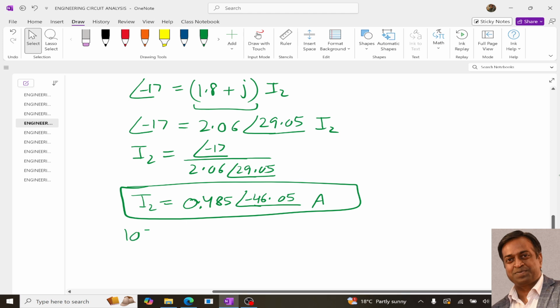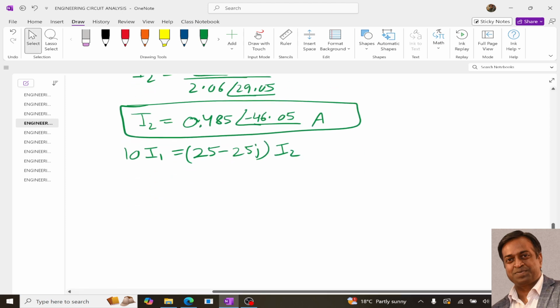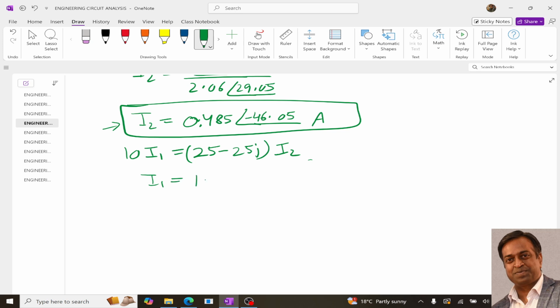So we know then 10I1 is equals to 25 minus 25J I2.